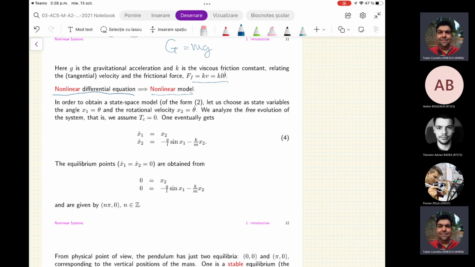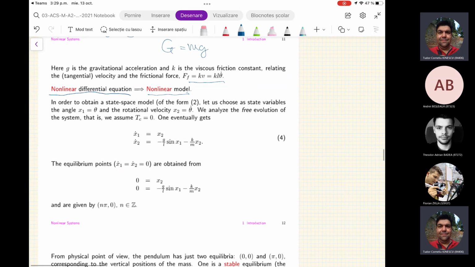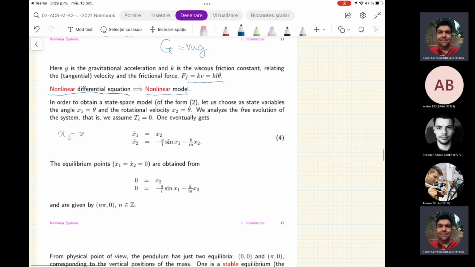So x1 is theta, and x2 is the rotational velocity theta dot. So essentially, x2 is x1 dot. This is typical for mechanical systems. All mechanical systems have this first equation, because most mechanical systems are governed by second order equations.